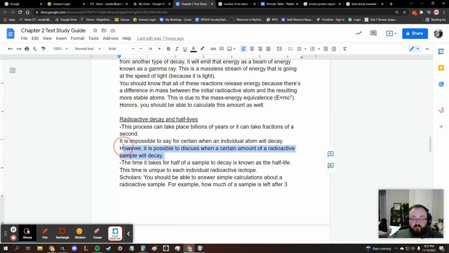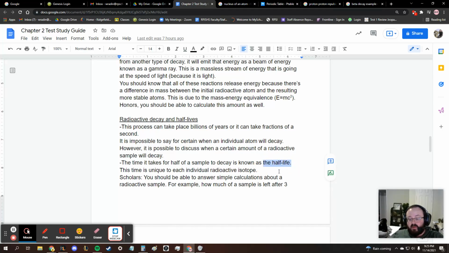If you have a sample with millions and billions of atoms of a radioactive isotope, then you can tell some general trends. You can tell how long it will take for half of the sample to decay. This is known as the half-life.